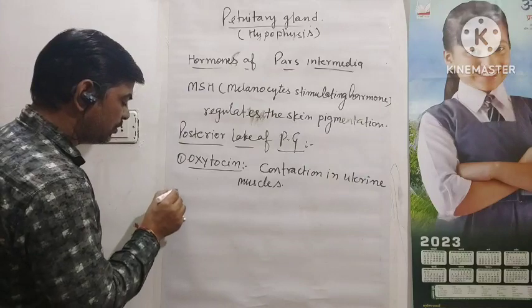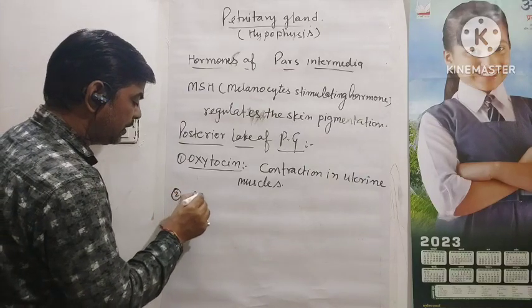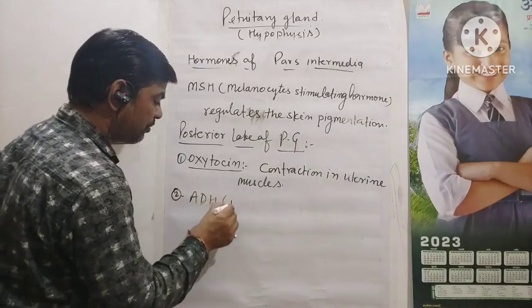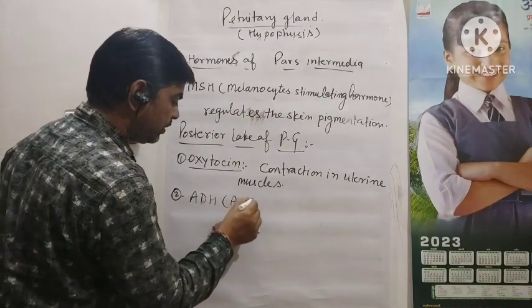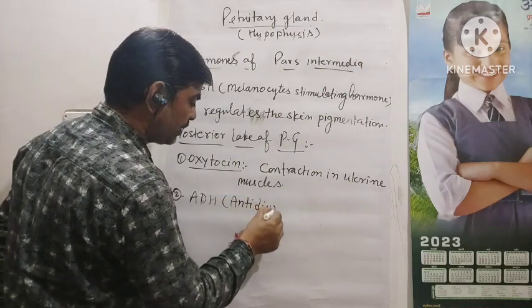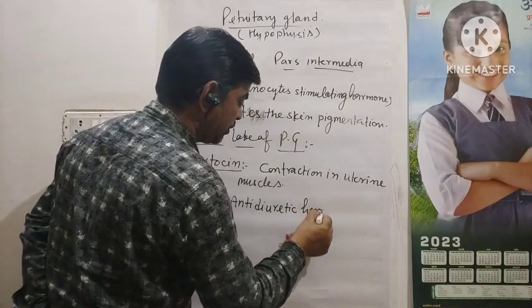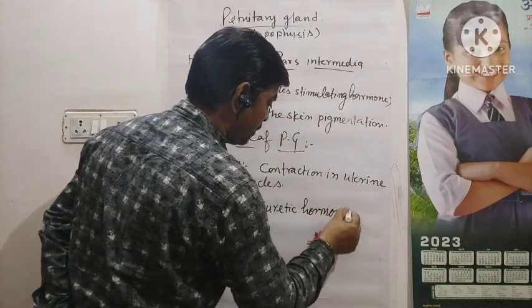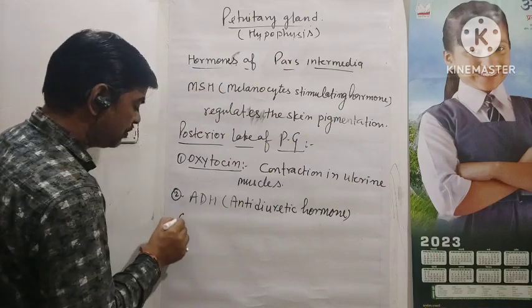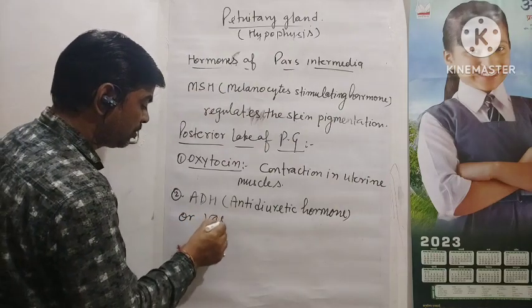Second hormone is ADH, as you know, the anti-diuretic hormone, that is also known by the name of vasopressin.